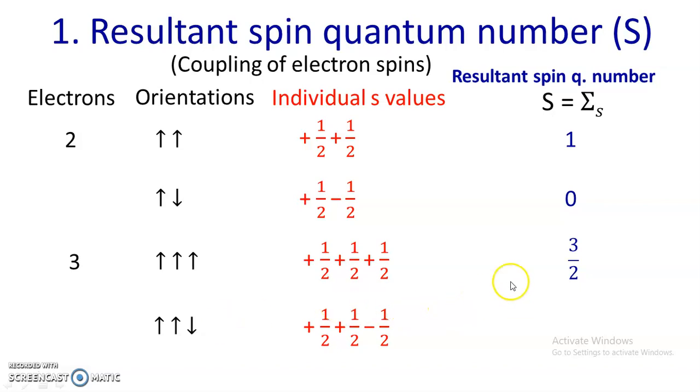The resultant spin quantum number value is the algebraic sum of these 3 values. So plus half plus half becomes 1, minus half, so the net or resultant spin quantum number is half. So this is for 3 electrons with 2 different orientations.